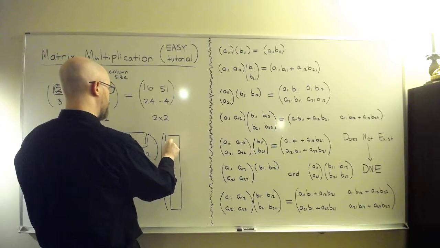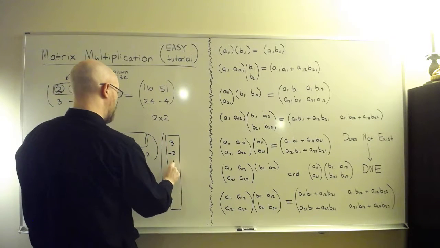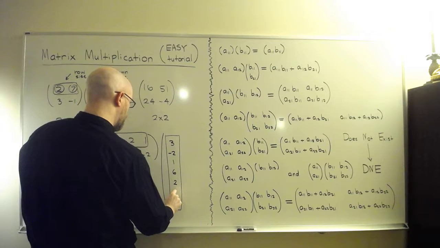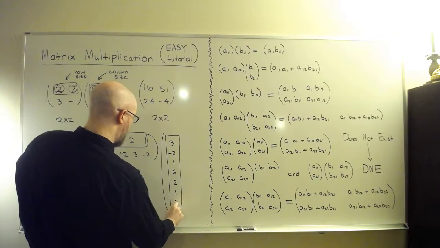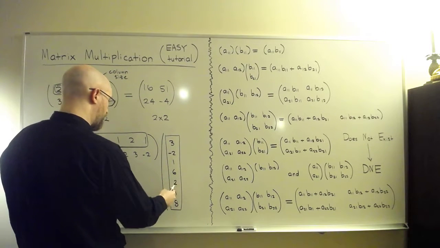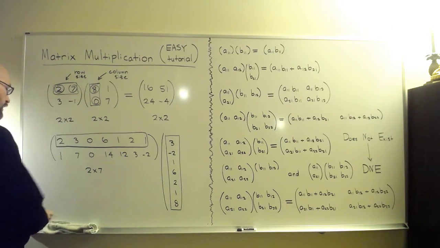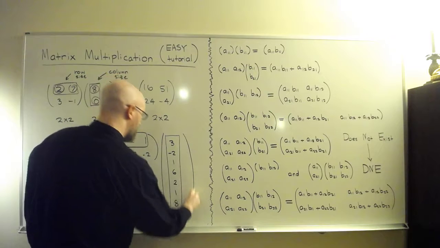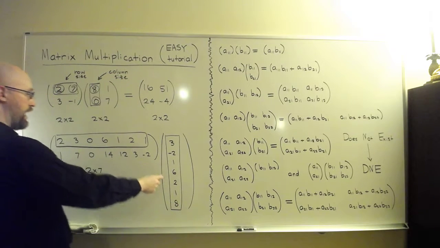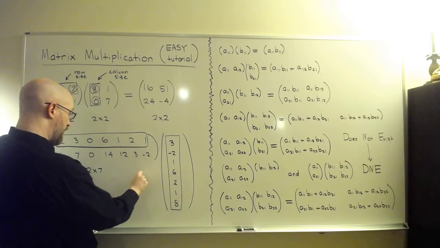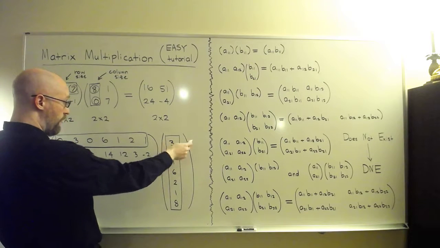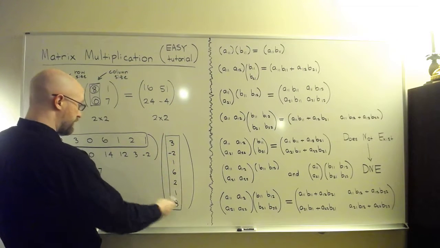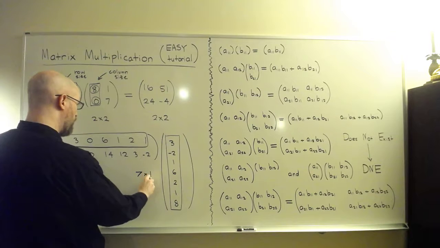So, for instance, I could put 3, minus 2, 1, 6, 2, 1, 8, and then 1, 2, 3, 4, 5, 6, 7, and then it would work. Now, of course, in this case this one would have 7 rows, 1, 2, 3, 4, 5, 6, 7, 7 rows. It would have just 1 column here.